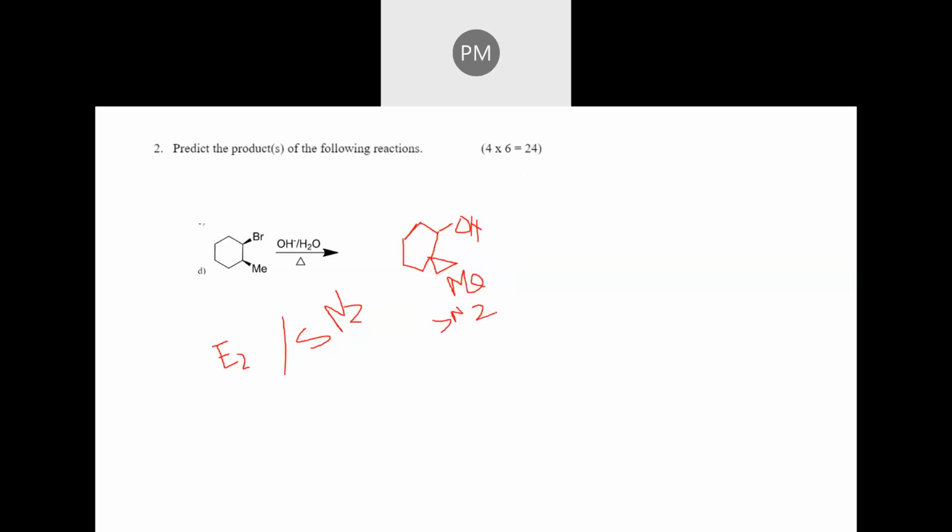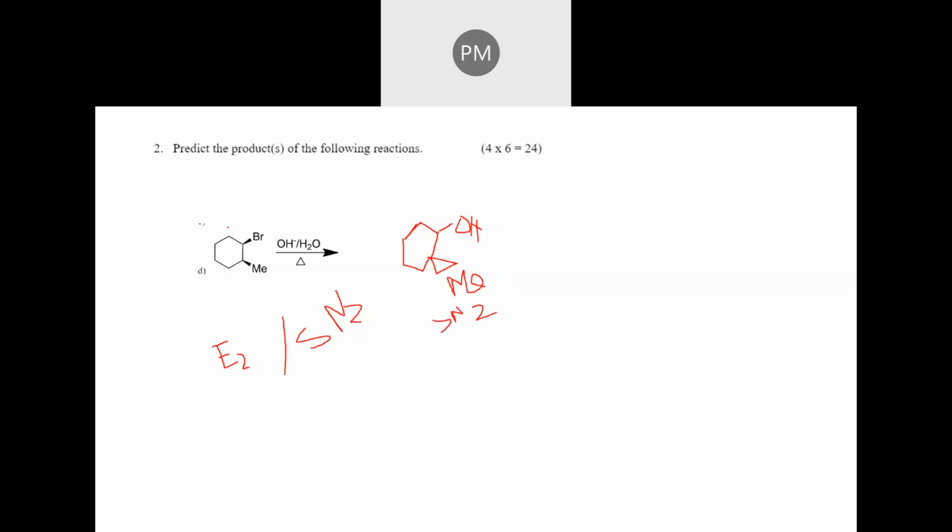Now the elimination product. The E2 product will be like this, where the E2 requires an anti-periplanar arrangement.